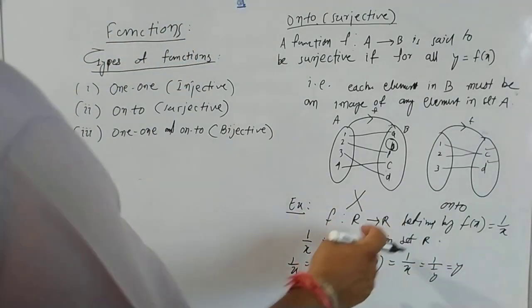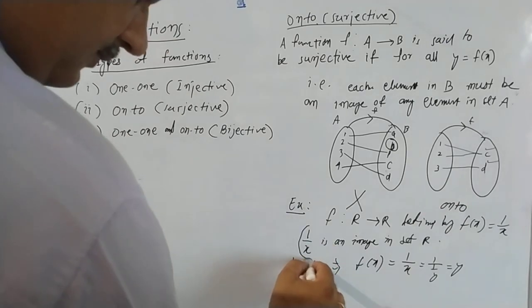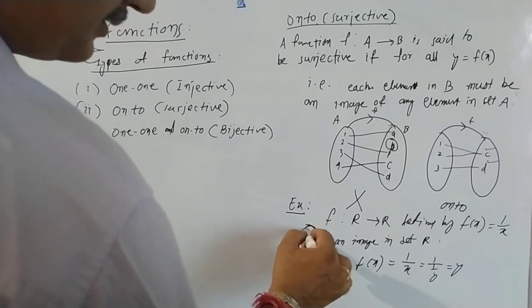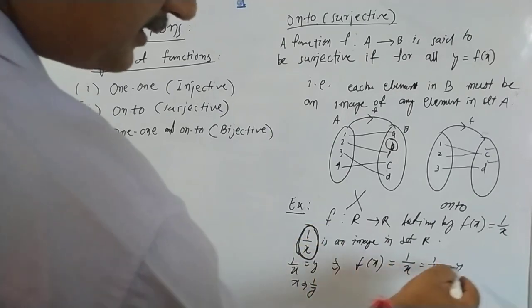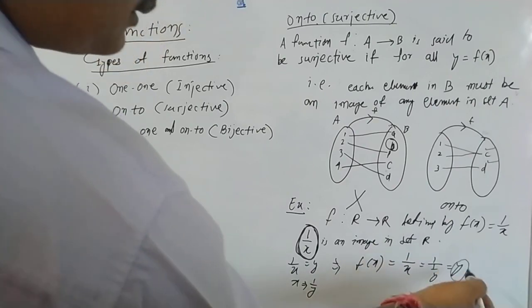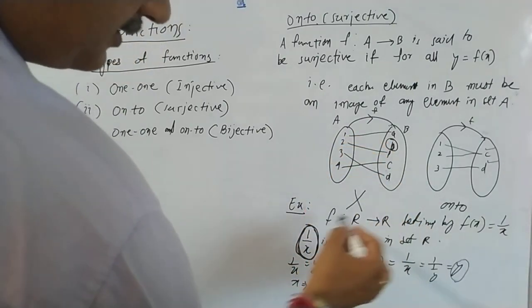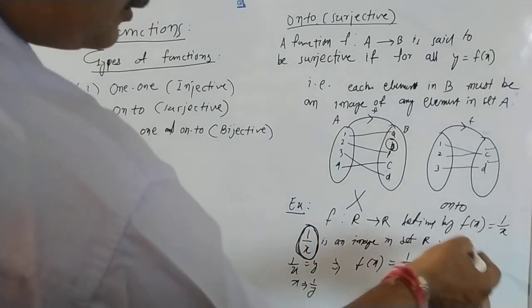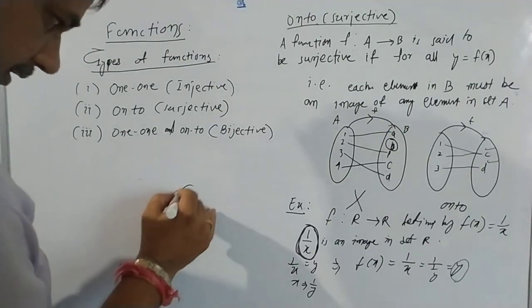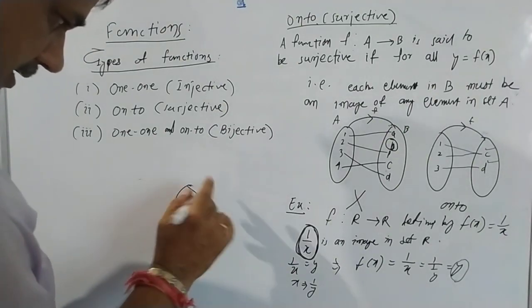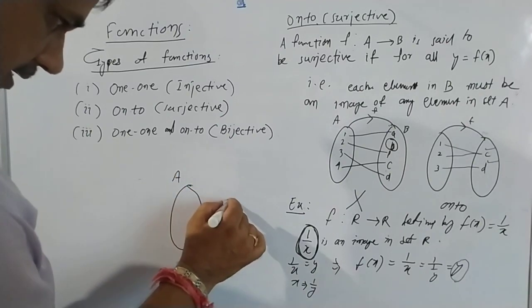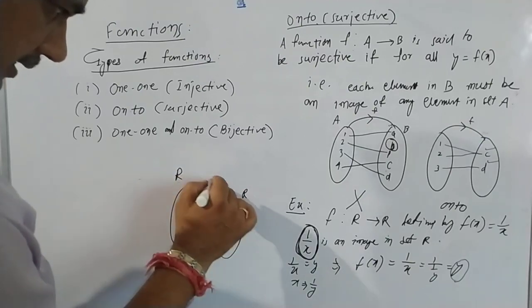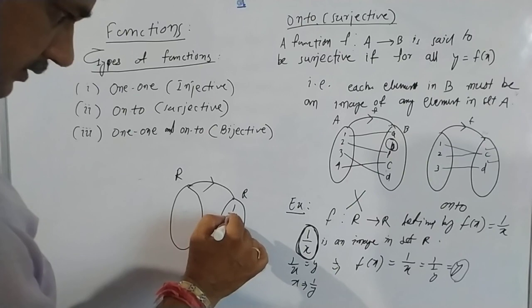So when 1 by x is an element in set B, then there exists y which must be there in set A, because when x belongs to R, 1 by x belongs to R. That means this is R to R. Suppose we take 1 by 2.